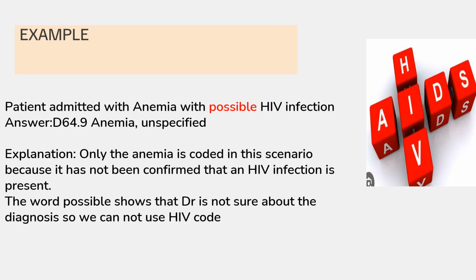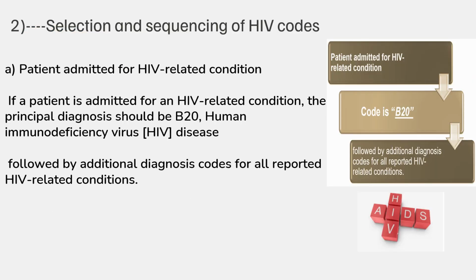If this is the scenario, then we will code only for the anemia, because the provider has used the term possible. If the provider uses the term possible, suspected, could be, it is a probable diagnosis because it's not a confirmed diagnosis. And according to the guideline, we will code only the confirmed cases. So it is D64.9.